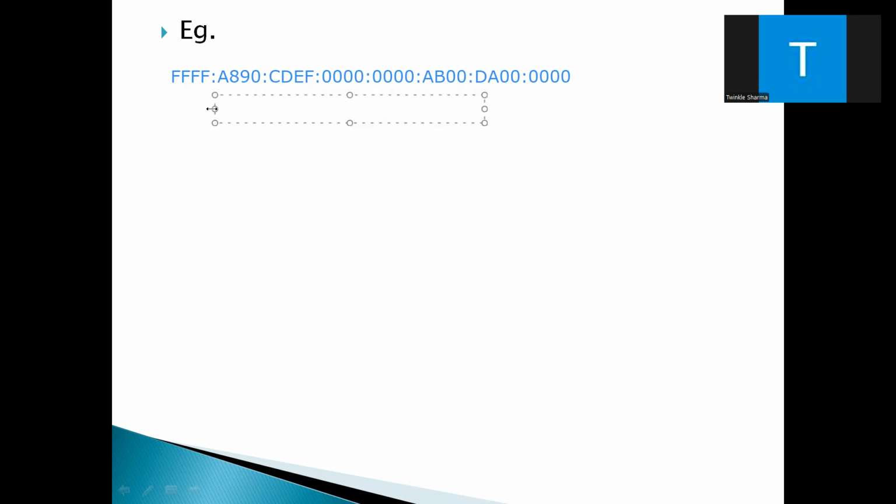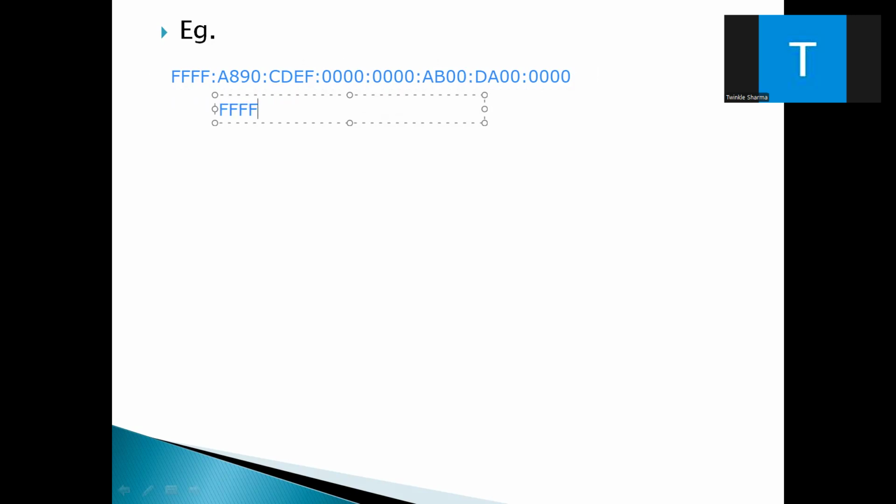Okay, this is our example of IPv6. This is 16 bits, this is 16 bits, in total it is 128 bits. Then with the use of the rules, I can abbreviate my IP address.